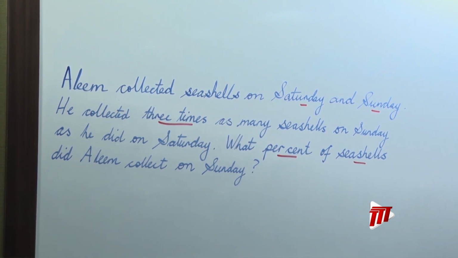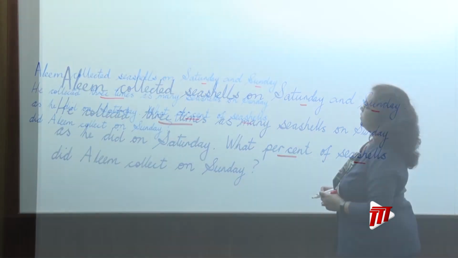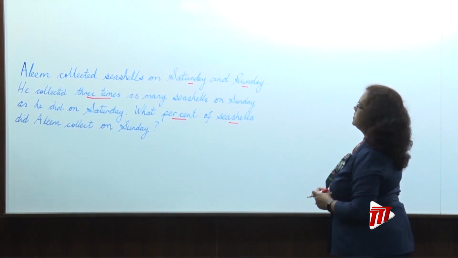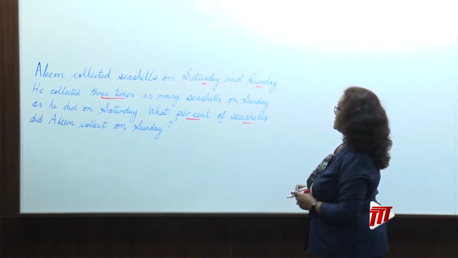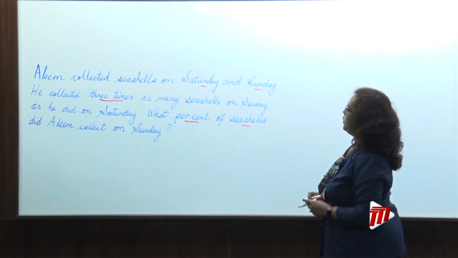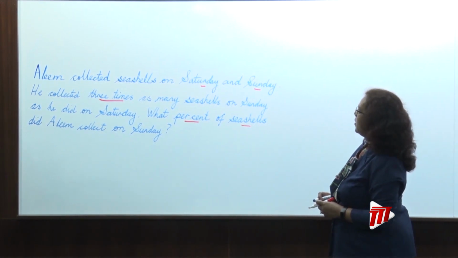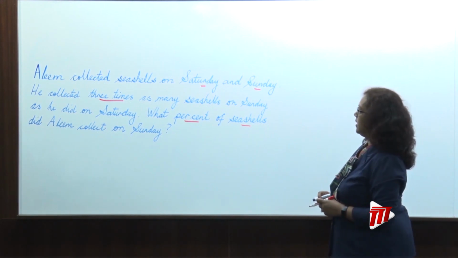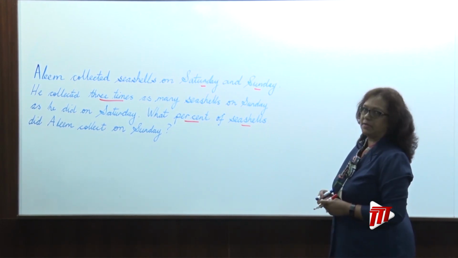And what can we do to solve this problem? So we try to devise a plan that we can use to solve this problem. Notice we have no numbers in this problem. What we do know is that on Saturday he collected 1 part and on Sunday he collected 3 parts.